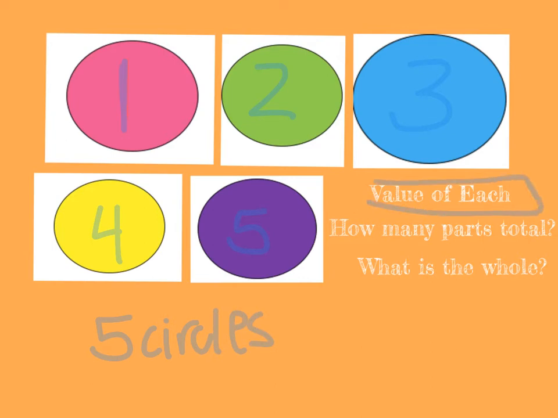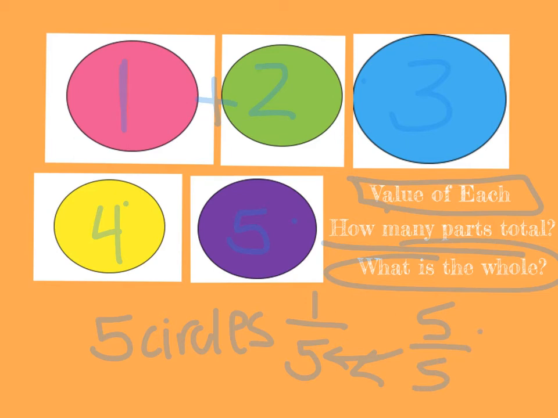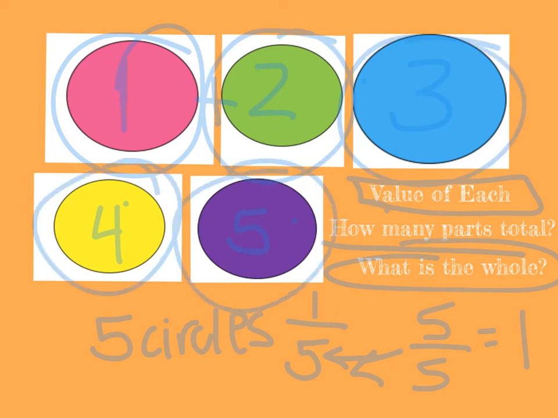So each is 1, because that's the number of parts, over 5, the number of equal parts. So there are 5 parts total when you add all of them together. 1, 2, 3, 4, and 5. So the whole is 5, because 5 over 5 equals 1. So each part represents its own piece, and altogether they equal 1.